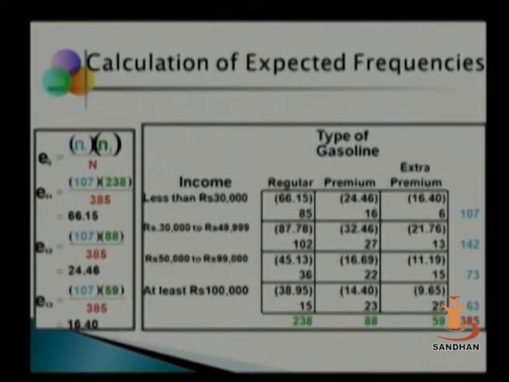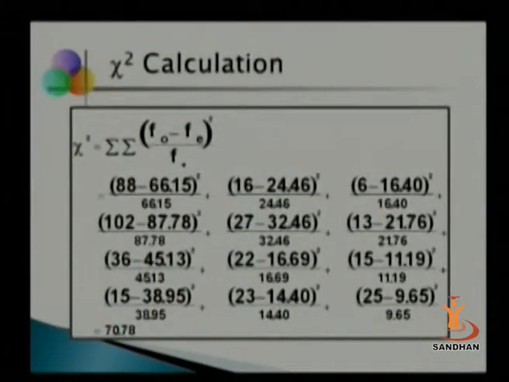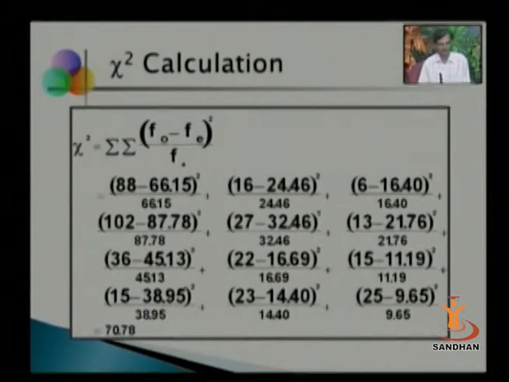For this 4 by 3 contingency table, one can calculate the expected frequencies by using the formulas given on the left-hand side, and write all the frequencies, observed as well as expected, in the same table. Then again using the same formula, with a slight notational change: F_O means observed frequencies, denoted by O_ij, and F_E means expected frequencies, denoted by E_ij.